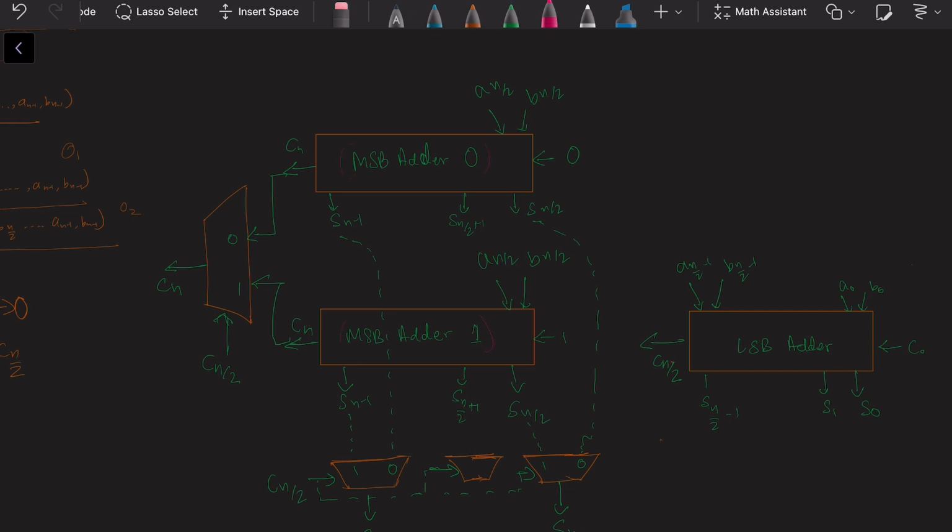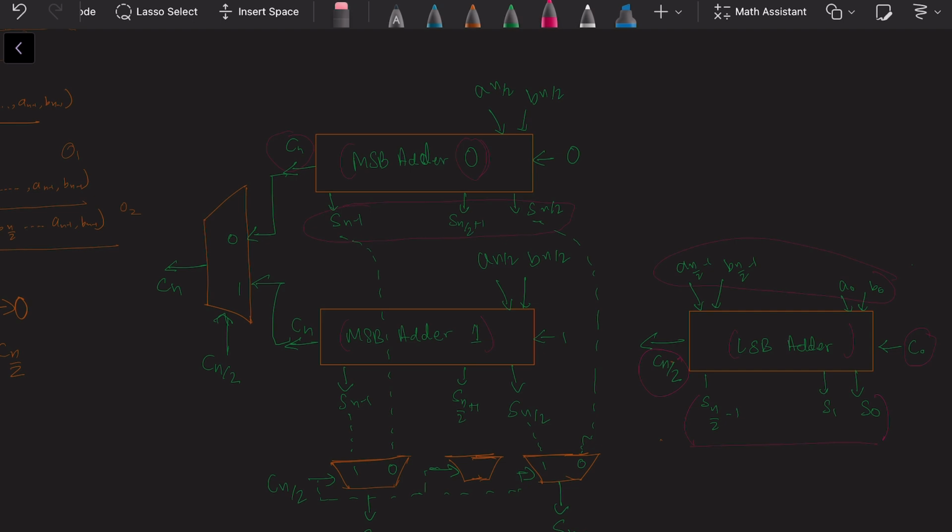The LSB adder is computing the first n by 2 values of sum, and it's computing Cn by 2, taking the first n by 2 operands and C0 as the input. The MSB adders are computing the MSB n by 2 values of sum. It's computing a Cn, but now we have two copies of MSB adder.